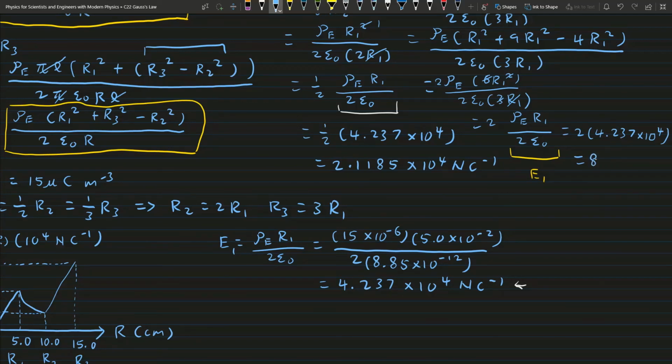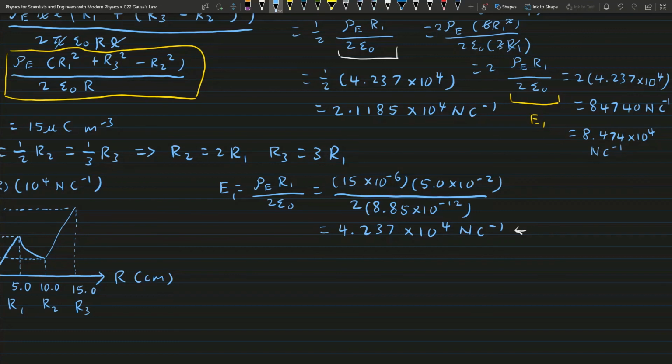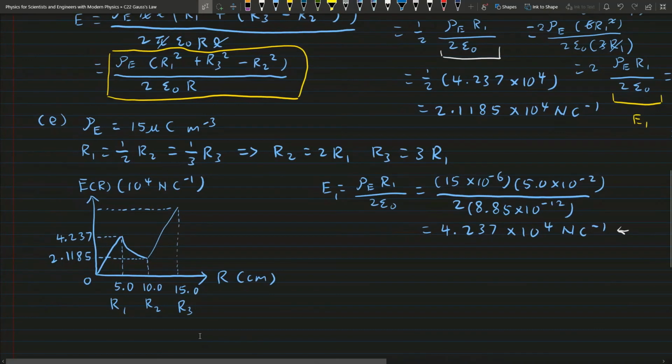We get 4740 Newton per Coulomb. Now we find our answer, this is equal to 8.474 times 10 to the 4 Newton per Coulomb. So here this is 8.474.